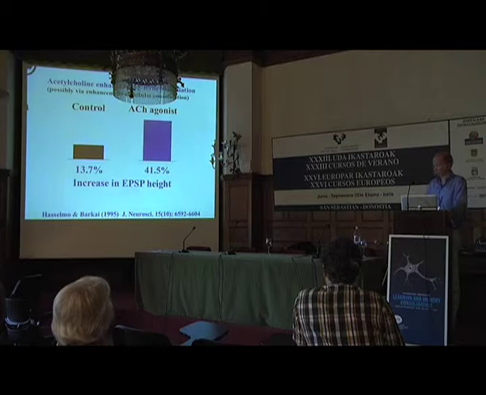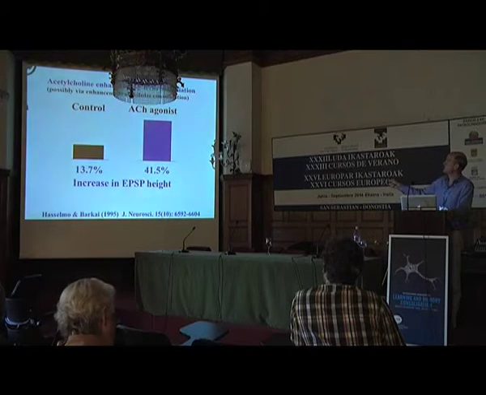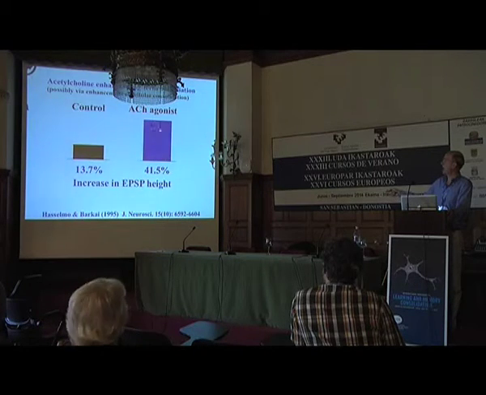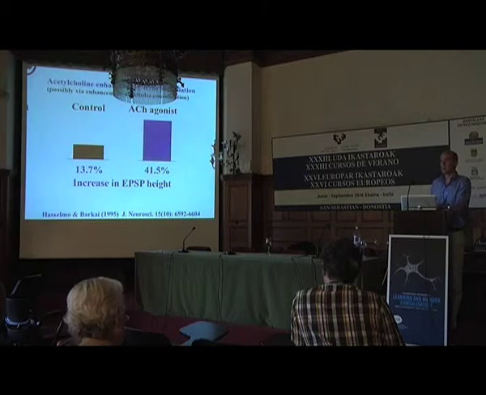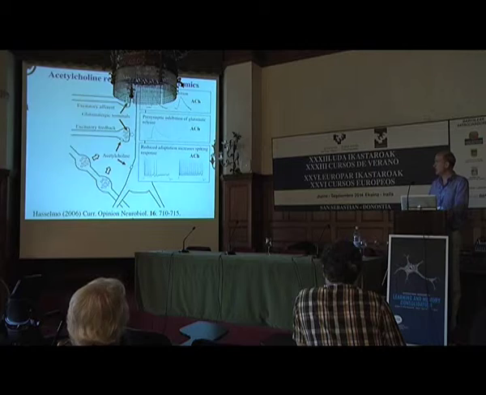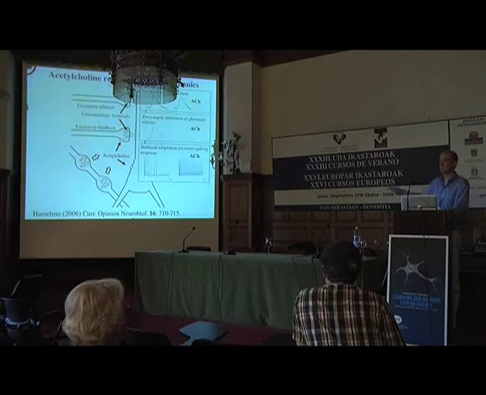The other thing I wanted to mention is that acetylcholine also enhances long-term potentiation. So when you don't have acetylcholine present, you can get LTP at particular cortical connections, but when you activate acetylcholine receptors, you'll get more LTP. And I want to emphasize this, it seems a little bit confusing because you have simultaneously, at the same synapses, weaker synaptic transmission when acetylcholine is present.